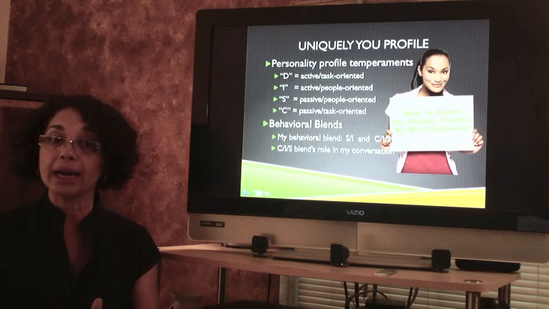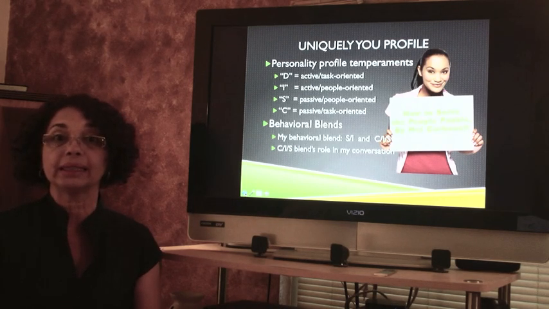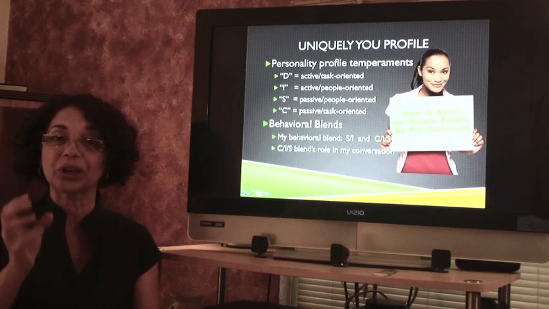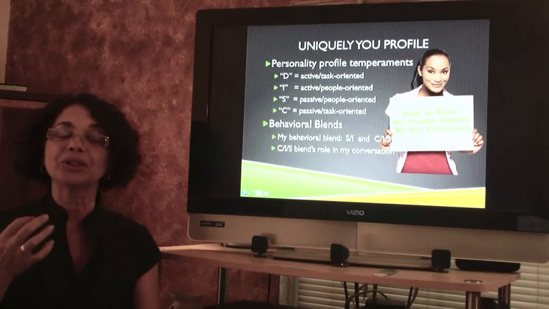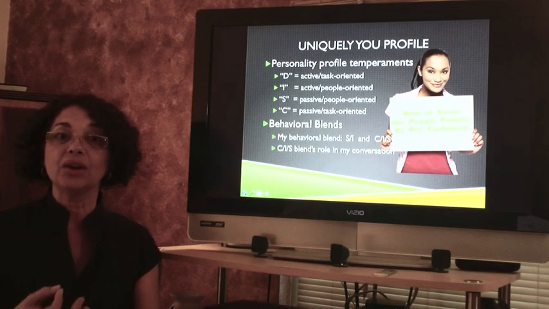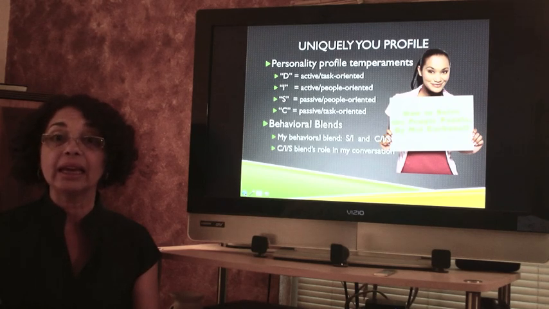Then you have your I's, which are inspiring, influencing, impressing, and interested in people personalities. Then you have your S, which are steady, stable, security-oriented. These are the personalities of the specialists. And then you have your C, which are characterized by a cautious, competent, calculating, and contemplative personality.